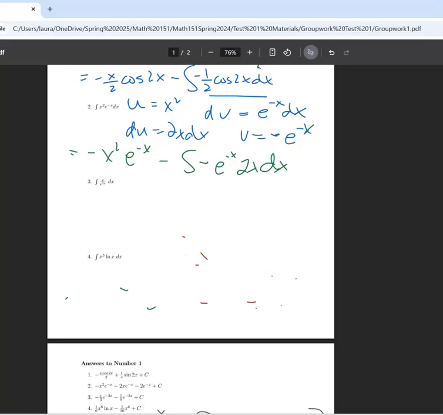Sorry, this is taking a long time to erase. Okay, here we go. So if I let u equal x, and literally I'm rewriting this as x e to the negative 3x, right? And then dv is e to the negative 3x.